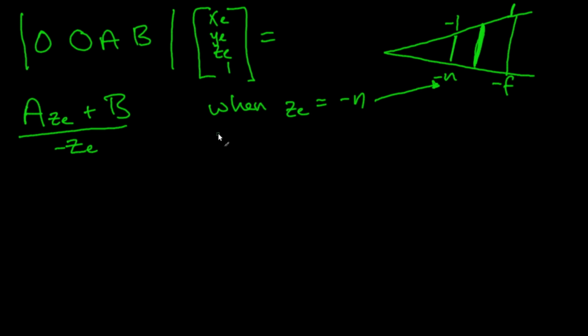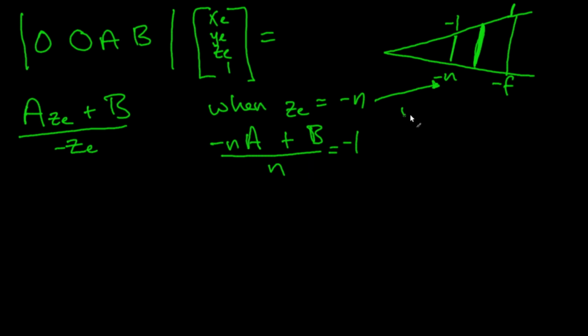So when ZE is negative n, we have negative n times a plus b, over negative n, so positive n. When we have that, we want to evaluate to negative 1.